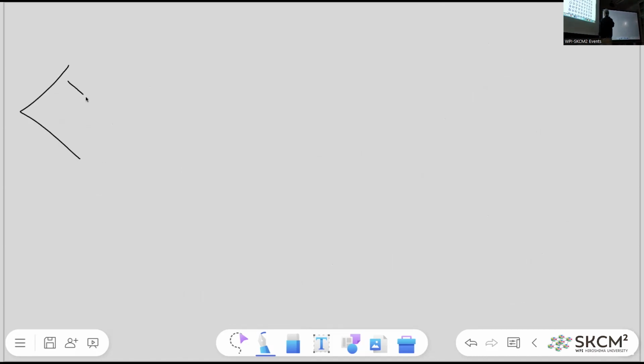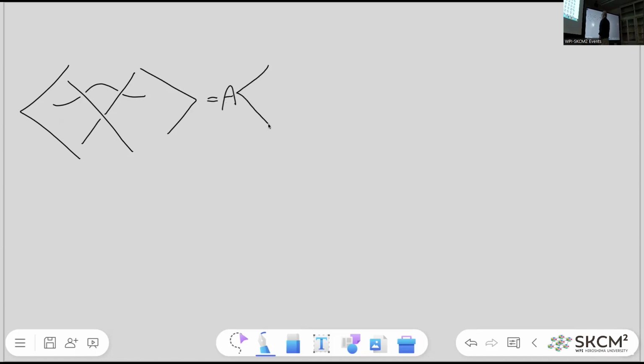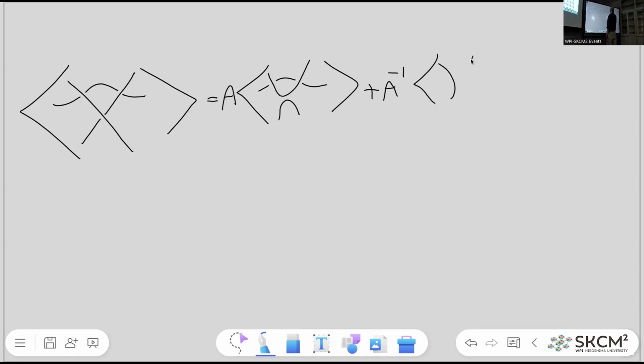We're interested in what would happen under the third Reidemeister rule. So we go ahead and try it out. It's natural enough to expand on that crossing there below. And when we do that, we get A times the one smoothing plus A inverse times the other one.